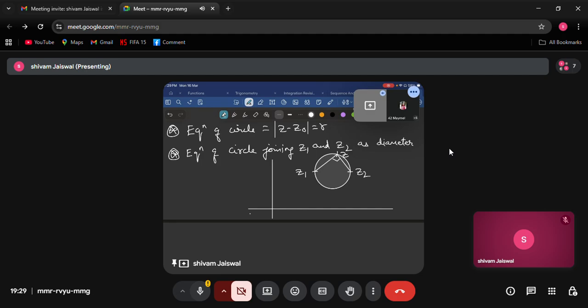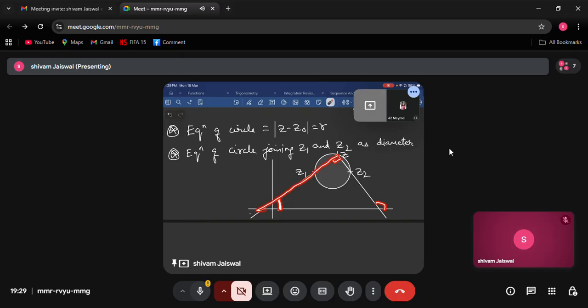So this is the complex number z minus z2, and this is z minus z1. This is the argument of z minus z2 and this is the argument of z minus z1. Can you see that this angle is equal to 90 degree plus argument of z minus z1?